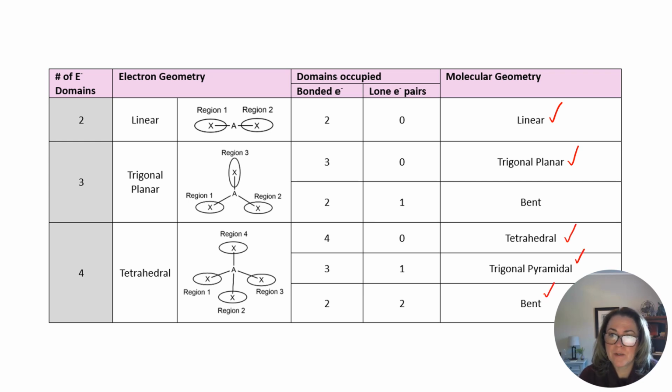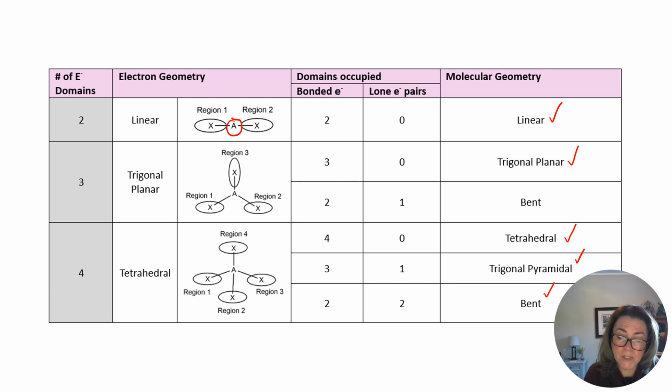I do think it's important that you remember where these shapes came from. They are based off of the electron geometry, and so what we're looking at is our central atom and what is happening around the central atom. So for a molecule that's linear, I will have a central atom and two atoms attached to that central atom, and that's going to give me a linear shape.